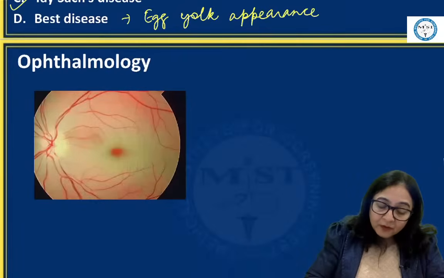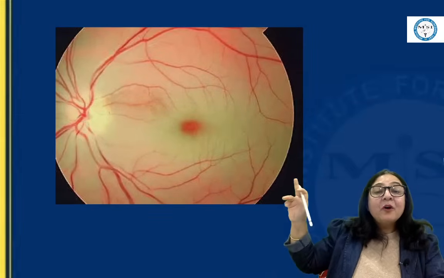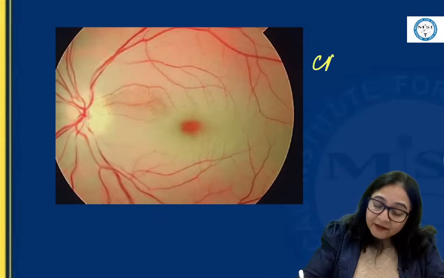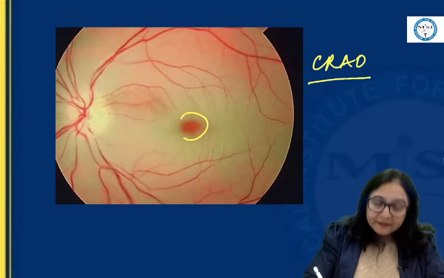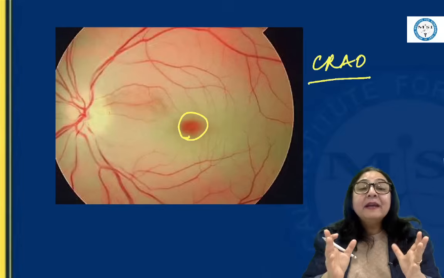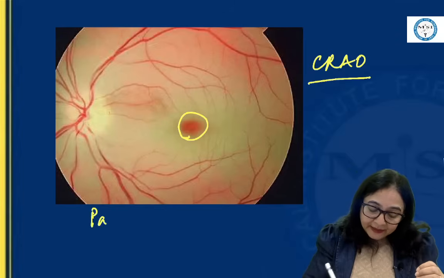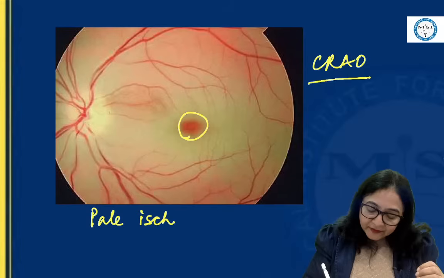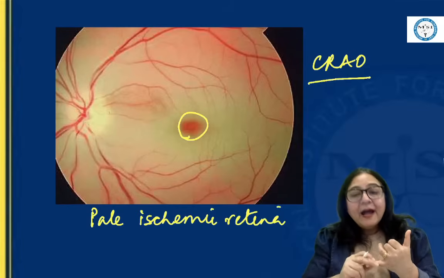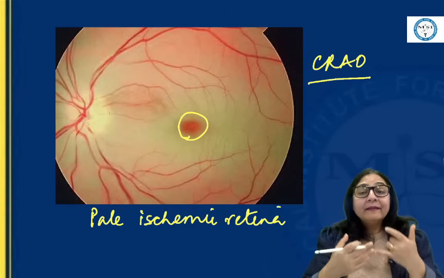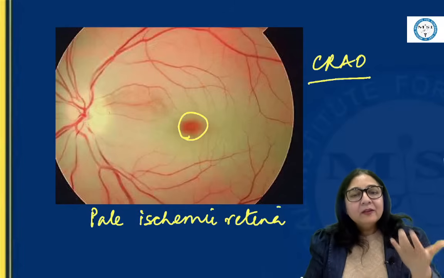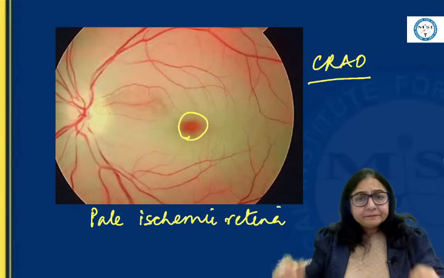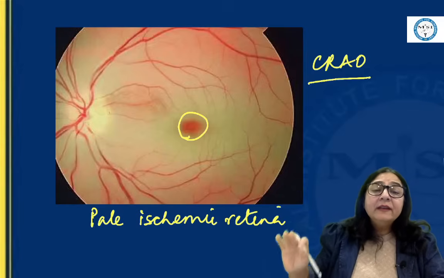So this is how the cherry red spot in central retinal artery occlusion will look. There is a cherry red spot, but then there is pale ischemic retina because of the artery occlusion, and mostly there is a risk factor of hypertension or some embolic activity, embolism, atherosclerosis, so that risk factor will be there, and sudden loss of vision.